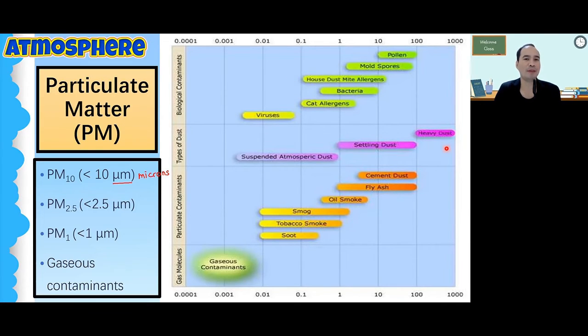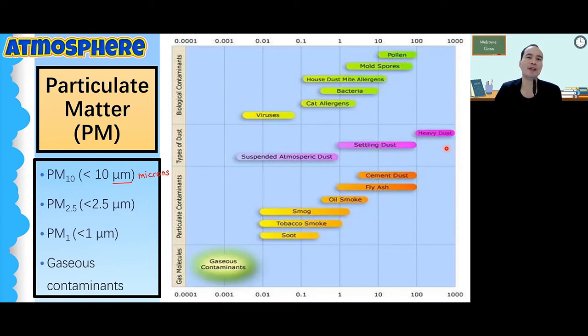Now, M1, how about COVID-19? Can you consider it as a particulate matter? And if it is a yes, what do you think is the size of your COVID-19? Okay, very good, M1.